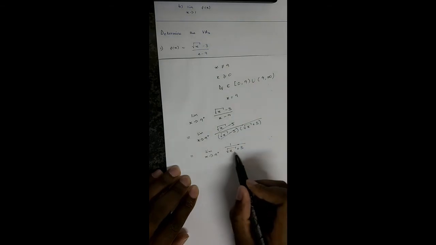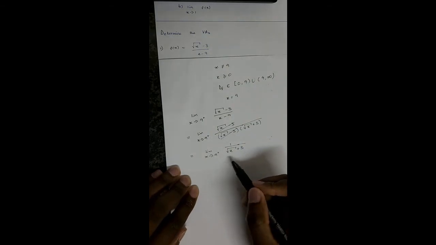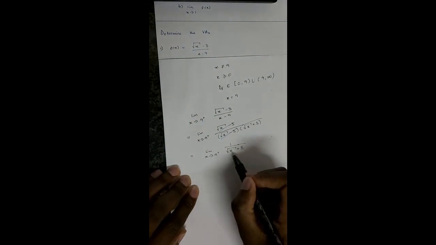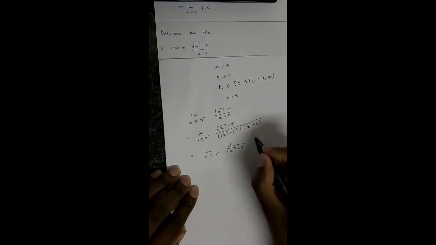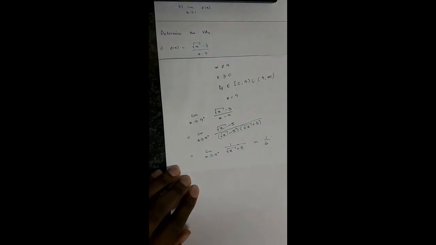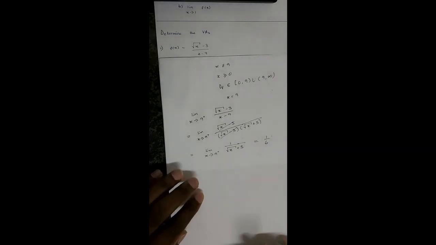And then this value, if we substitute our 9, we are going to get square root of 9, which is 3, and then 3 plus 3, and that will give us 1 over 6, which is not infinity. Okay, we do that for the negative again.